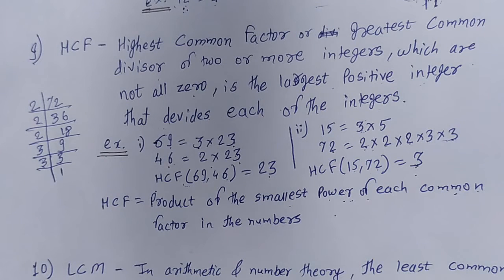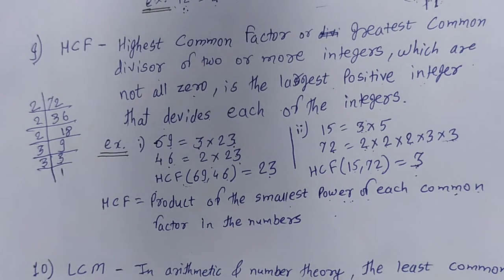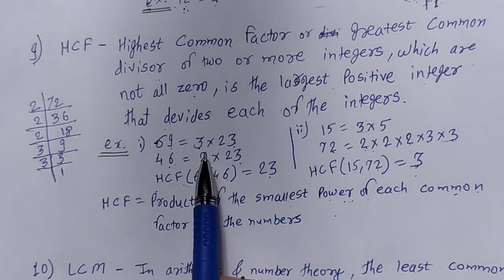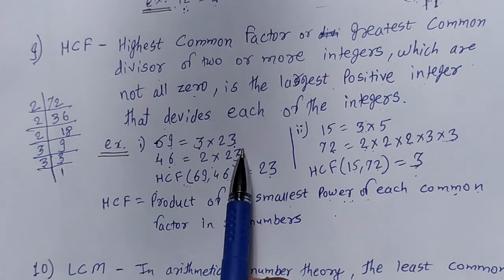Let's see the process. What is the process to find out the HCF? Here I have written that in short form. HCF is nothing but the product of the smallest power of each common factor in the numbers. So you have calculated the prime factors.